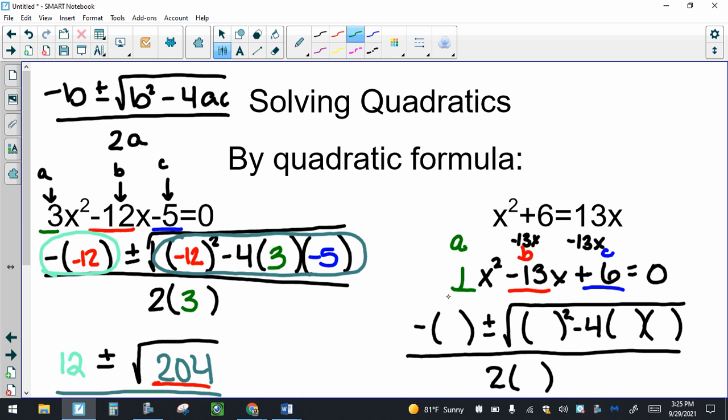So the first thing that I like to plug in is all of my b's, because there are 2 b's in these first 2 parentheses. So I'm going to put a negative 13 in both. This a goes top and bottom. So a we said was 1. And then c, this constant, is the last one. So it's a 6.